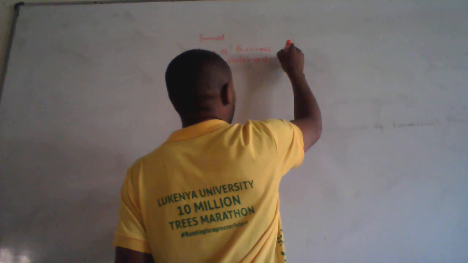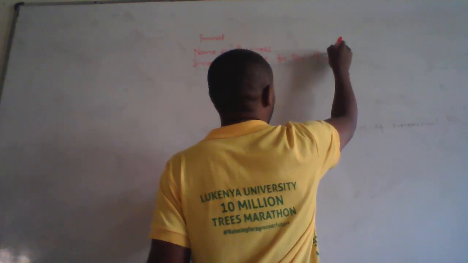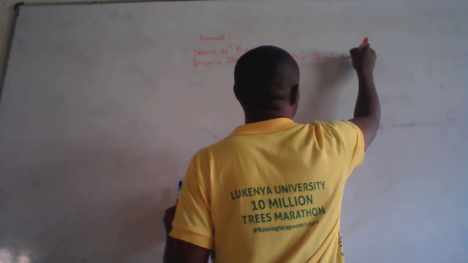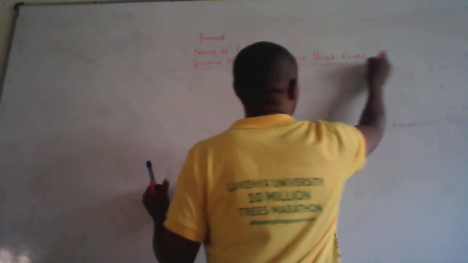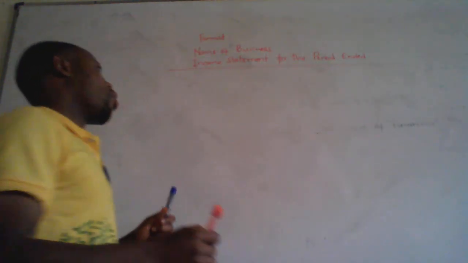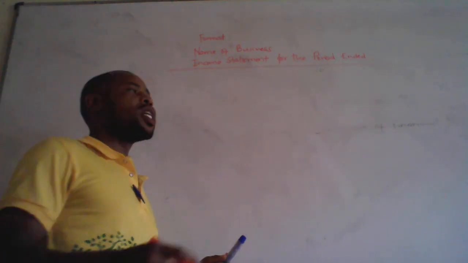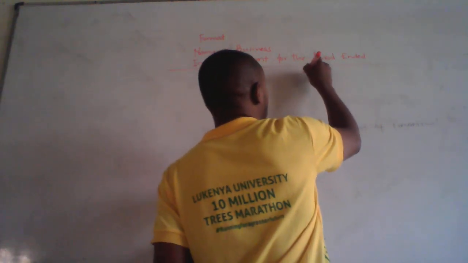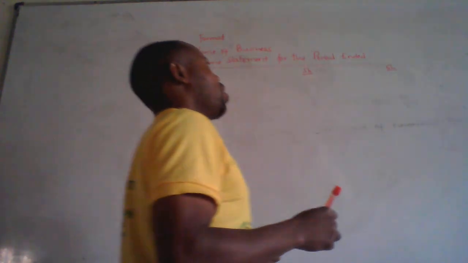Income statement for the period ended, and this period is majorly a financial year. I have adopted the vertical format of preparing the income statement. You have the first currency column there, and then you have another currency column there.